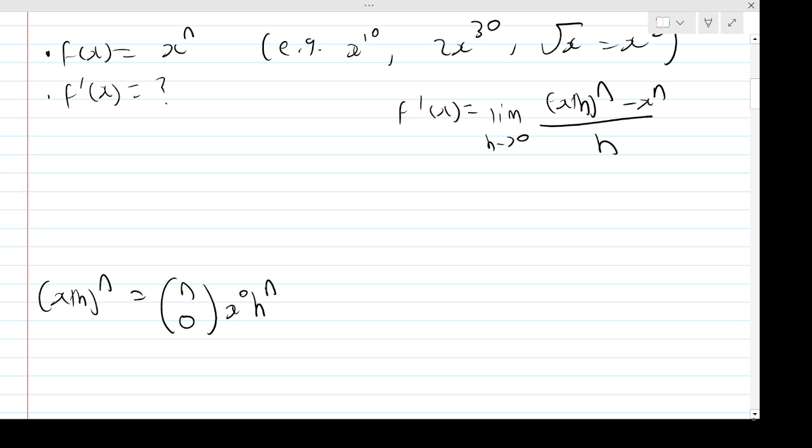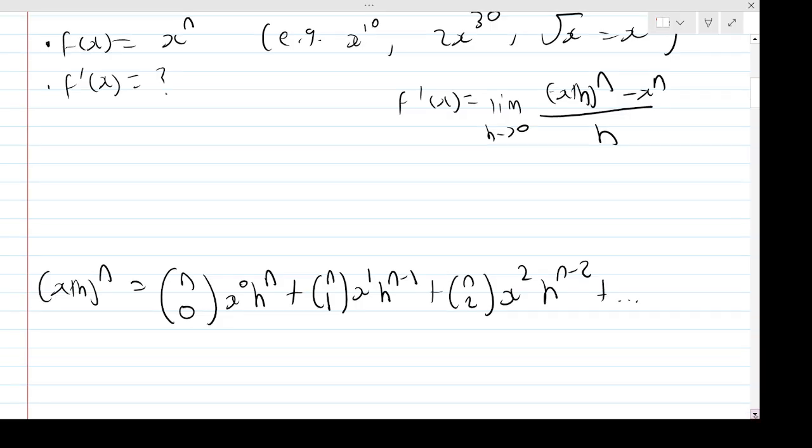Then we're going to have n choose 1, and then x to the 1, and then h to the n minus 1. Then we're going to have n choose 2, x squared, h to the power of n minus 2. And then hopefully you can see the pattern, how we're going to proceed forward.